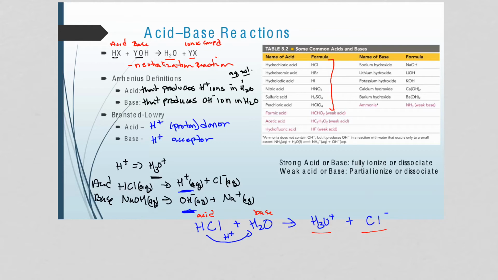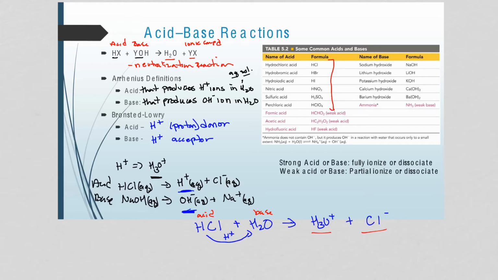Remember when we talked about electrolytes earlier in the chapter, that what we mean when we say strong acid, or we'll say strong base here, we just mean that it either fully ionizes or dissociates, depending on what kind of compound it is, into ions, right?